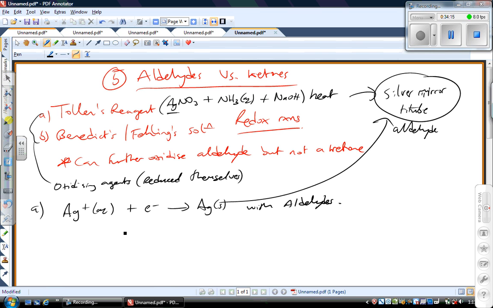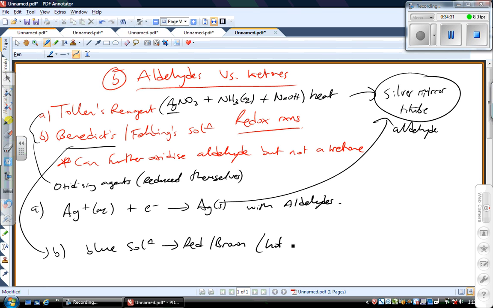So that's reduction. With Benedict's, Benedict's solution is blue initially, so you get a blue solution which goes red-brown, and this tends to be accelerated using hot water, so it often takes forever otherwise. Using hot water, again, only with aldehydes, because they can be further oxidized, whereas ketones cannot. And the equation you want to be writing here is copper 2 plus ions, so they're responsible for the blue color, going to copper oxide.